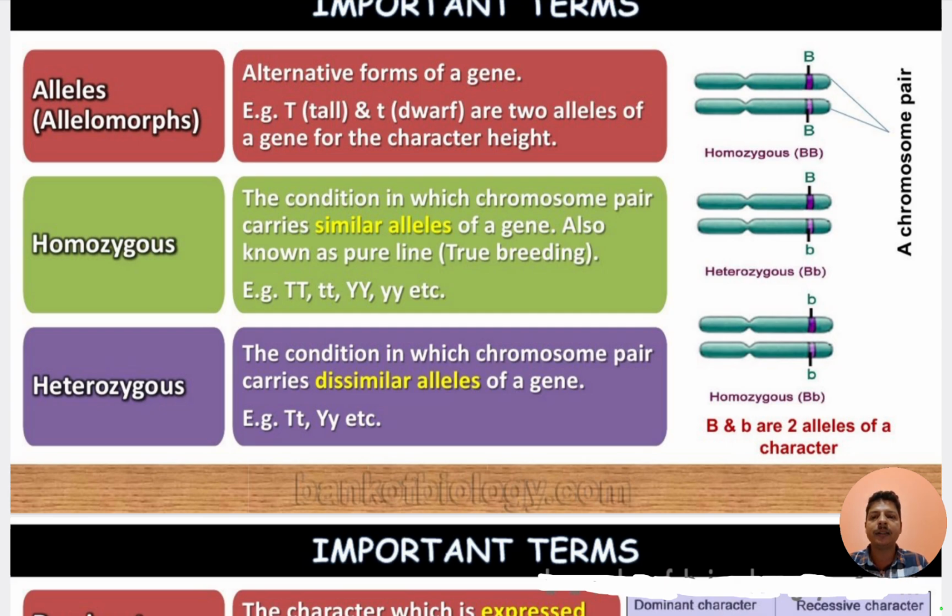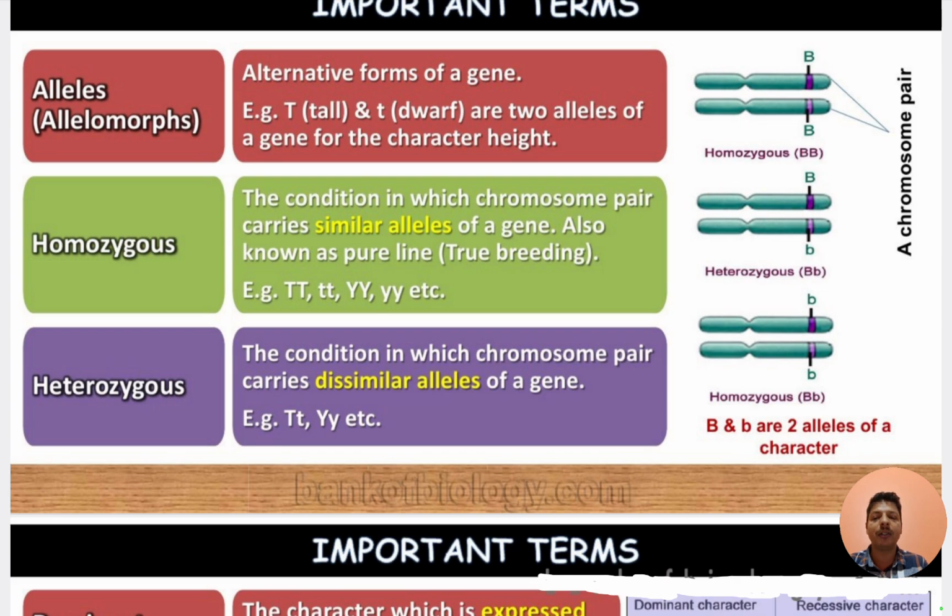Coming to homozygous, it is the condition in which a chromosome pair carries similar alleles of a gene, also known as pure line, that is true breeding. Example, capital T capital T, small t small t. And then coming to heterozygous, it is the condition in which a chromosome pair carries dissimilar alleles of a gene.